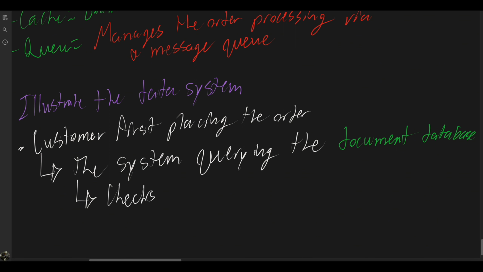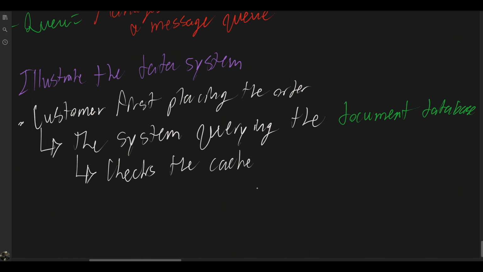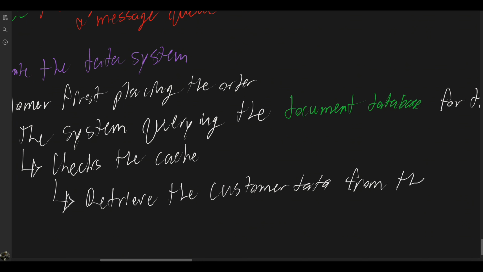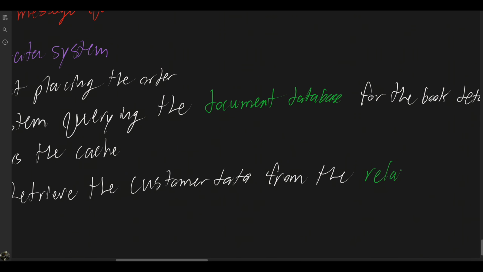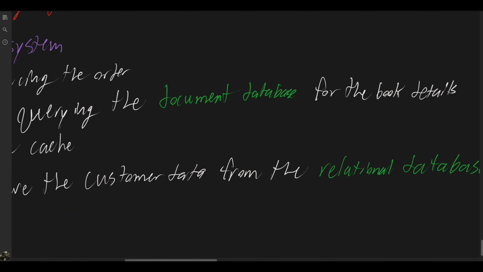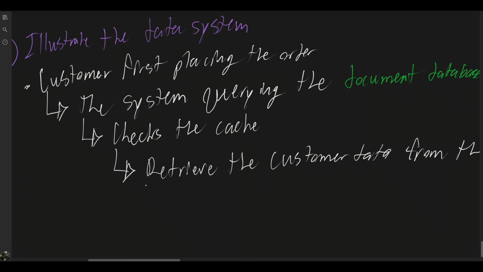checks the cache, then retrieves the customer data from the relational database, and finally processes the order via the messaging queue.